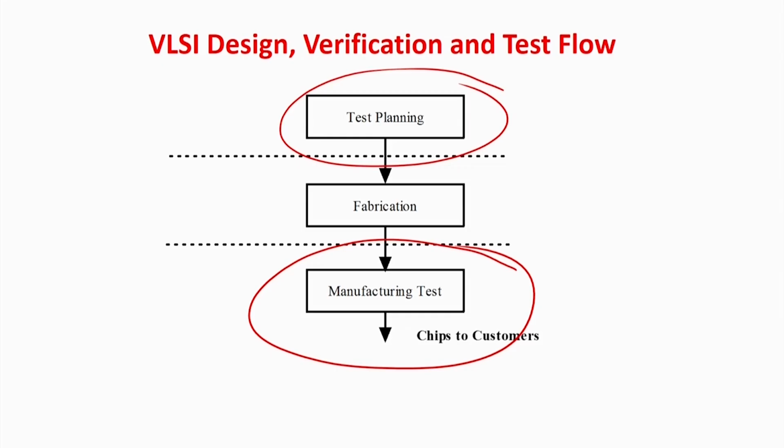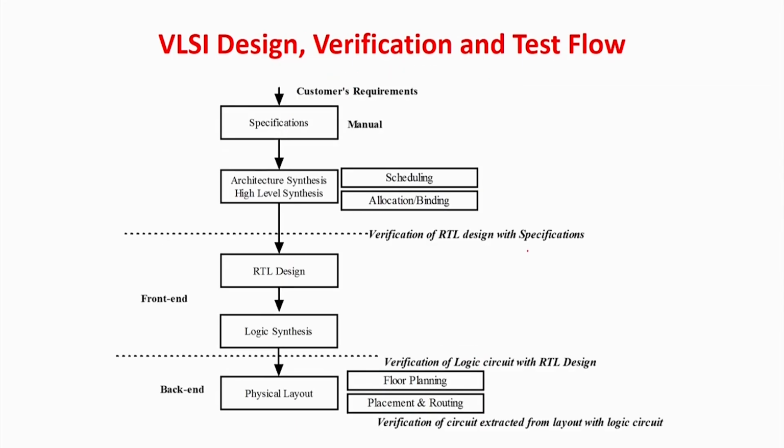In the VLSI design and test flow, when you are moving from one phase to another there should be equivalence. So, we go for formal verification methods, which we will be covering in the next module, on how formal verification can be optimized to handle large systems.